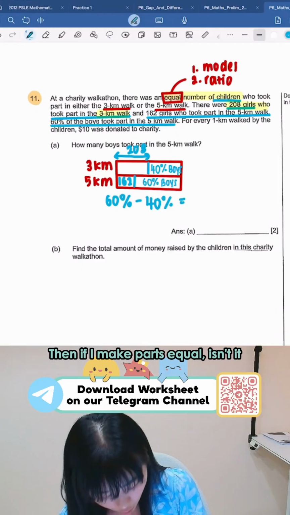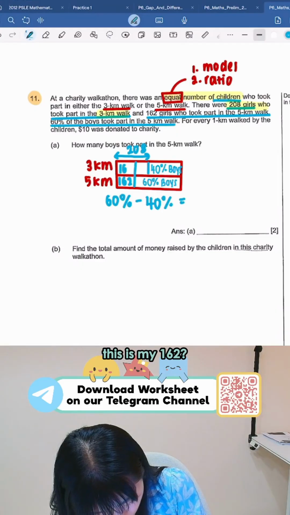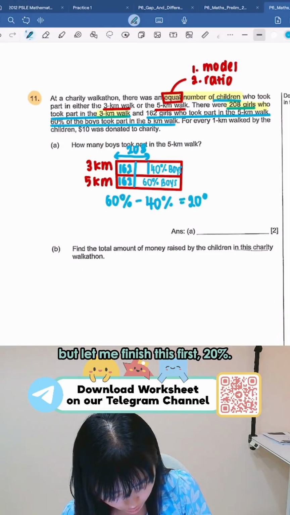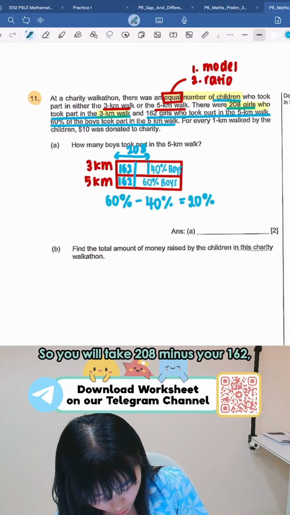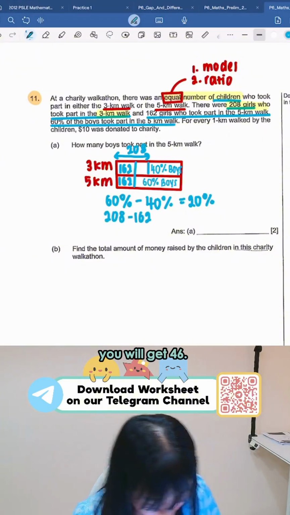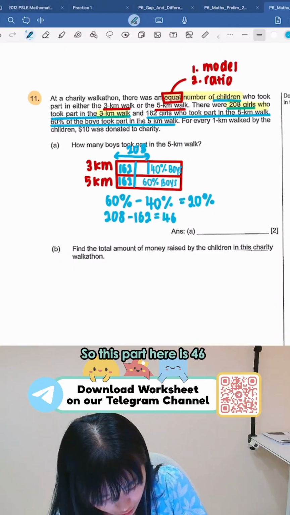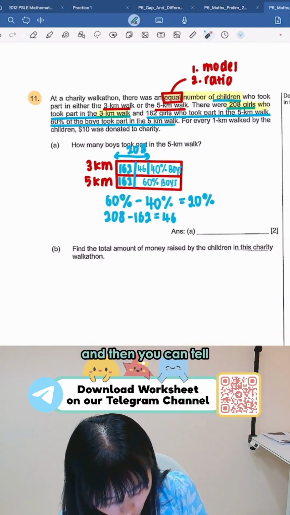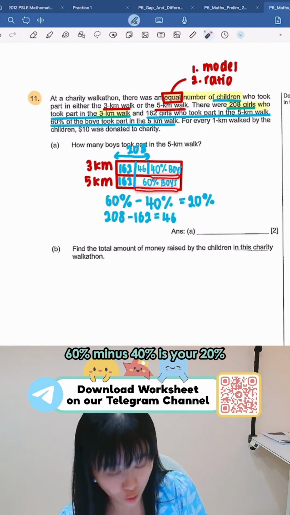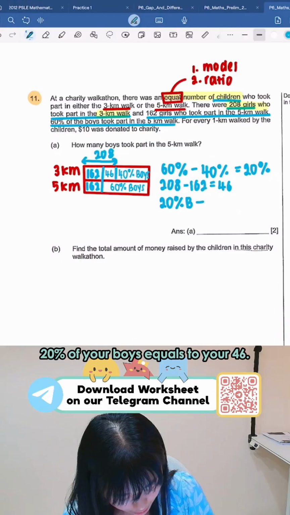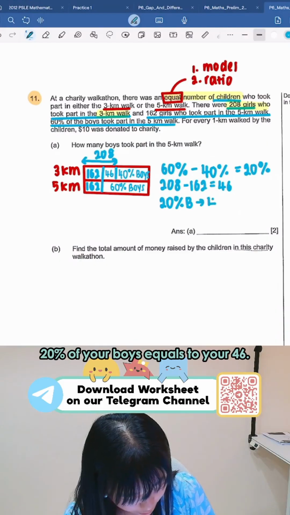Then if I make parts equal, this is my 162. 208 minus 162. Okay, 20%. So you will take 208 minus your 162, you will get 46. So this part here is 46. And then you can tell, oh, 60% minus 40% is your 20%. 20% of your boys is equal to your 46.